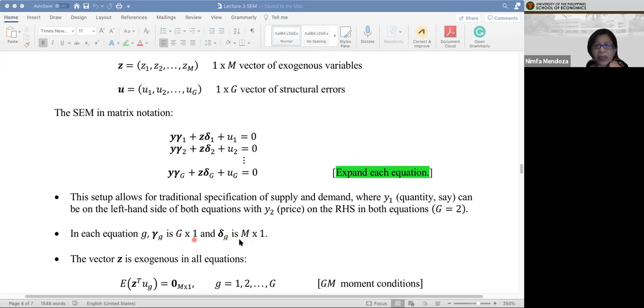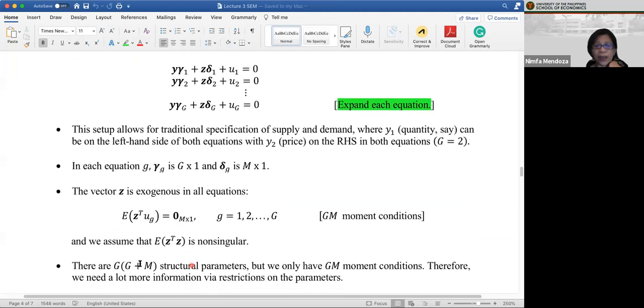So you have G plus M parameters in an equation g. That is where your G plus M comes in. But then you have uppercase G, or big G, equations. So you have G times (G plus M) structural parameters. But we only have GM moment conditions.